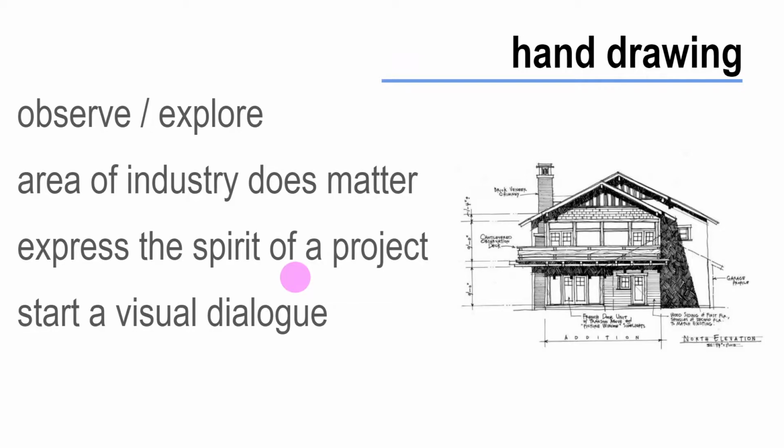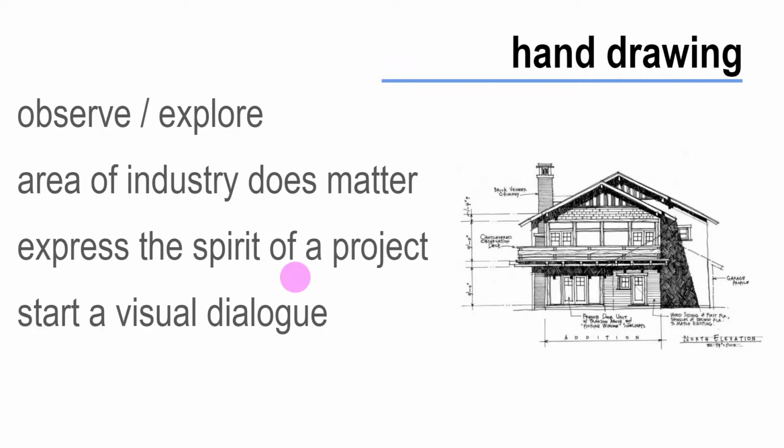The area of industry that you're focusing on in hand drawing is important, and especially when it comes to the technical drawings of drafting, it's going to be very different when you're approaching from an industrial design perspective as opposed to an architecture perspective. We're going to go back and forth a little bit in our practices, particularly today. We're going to look at things a little bit more from an ID side than from an architecture side, but we'll still see how the connection between the two is there.